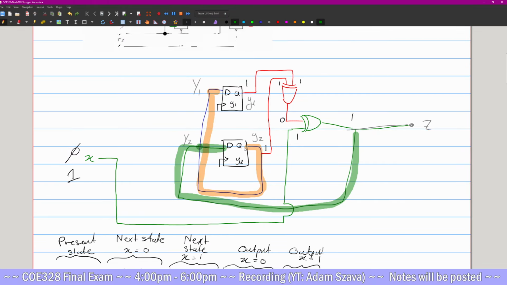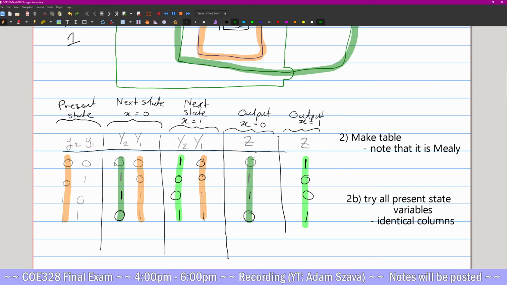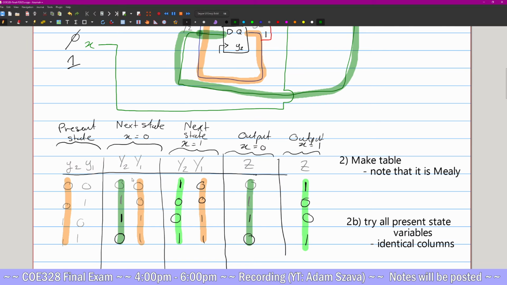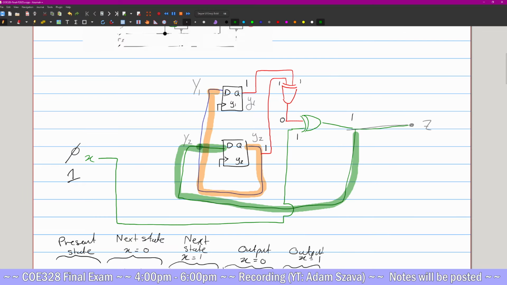I said that my next state variables are whatever the input is here. My next state variable, y1, is by definition not what's on the left side of this flip-flop. It's what my little y1 will become next clock.